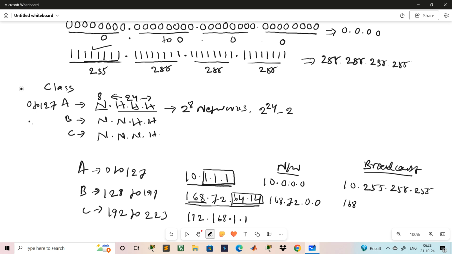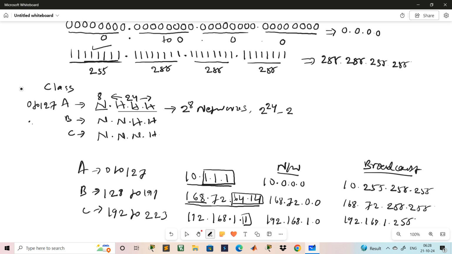And the broadcast address will be 72.255.255. So on class C, only the last octet is reserved for the host, so here 192.168.1.0 and the broadcast 192.168.1.255.